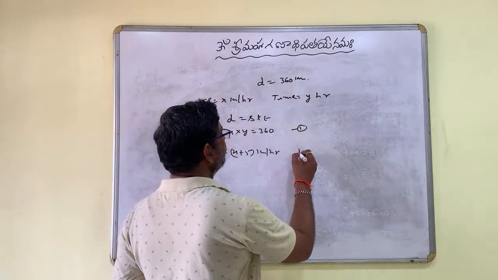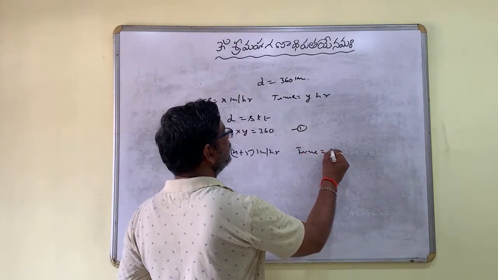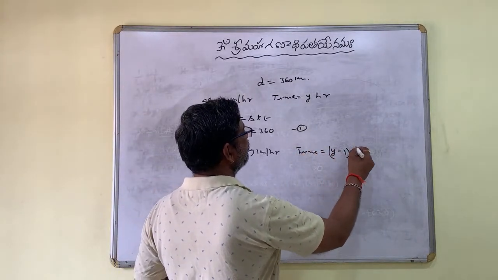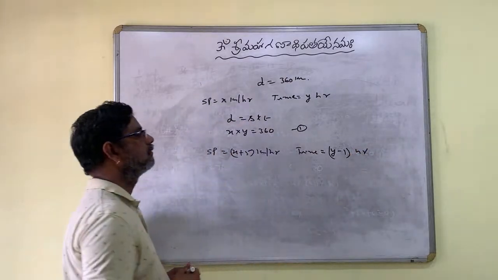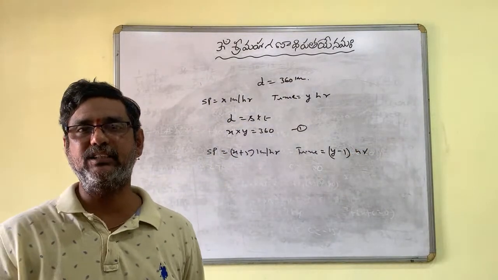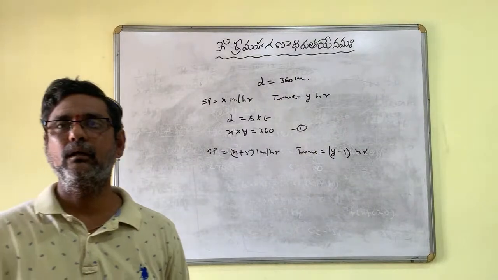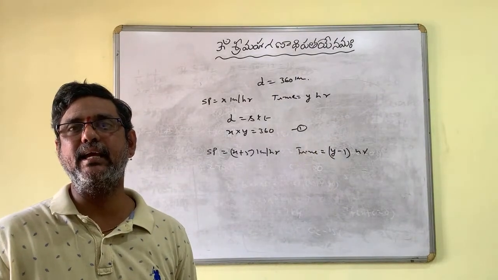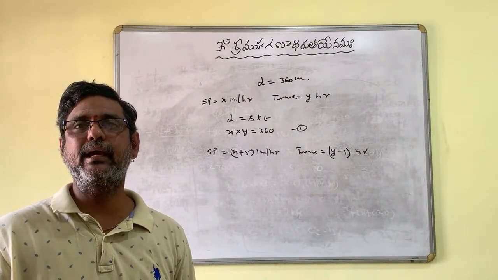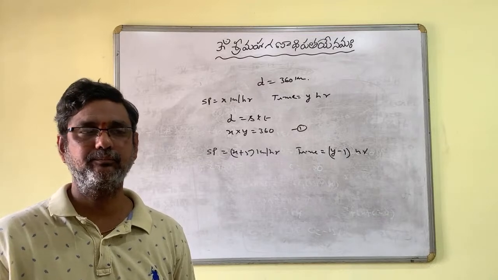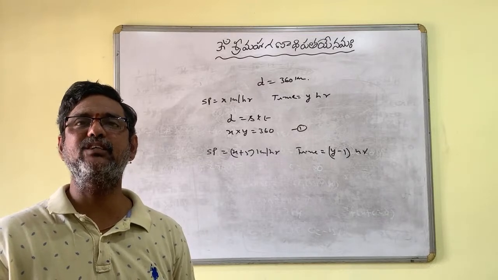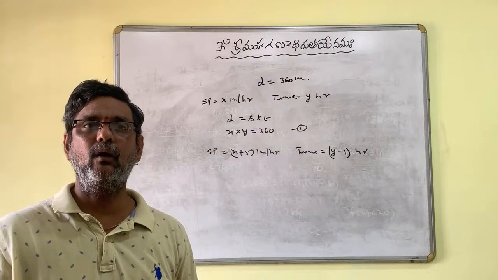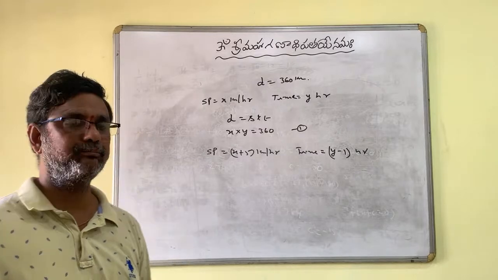Then the time taken for the journey is decreased by 1 hour. Previously it is y hours, now it is y minus 1 hours.